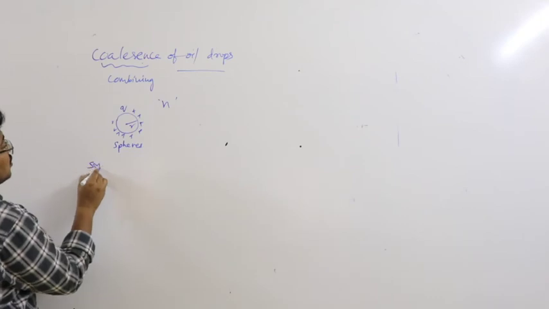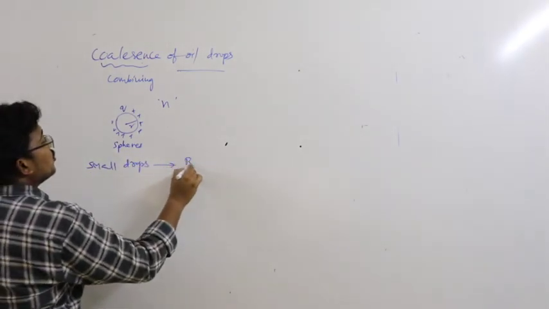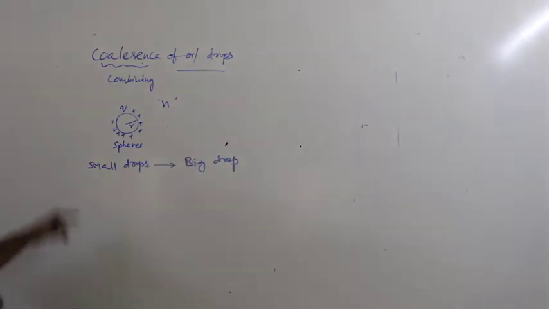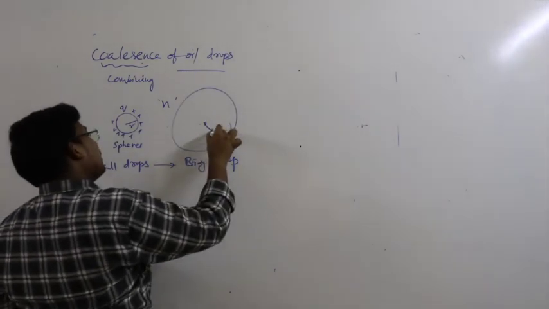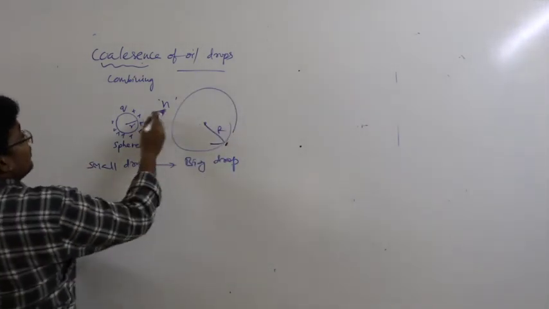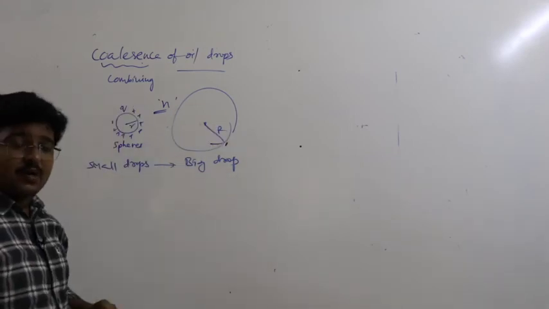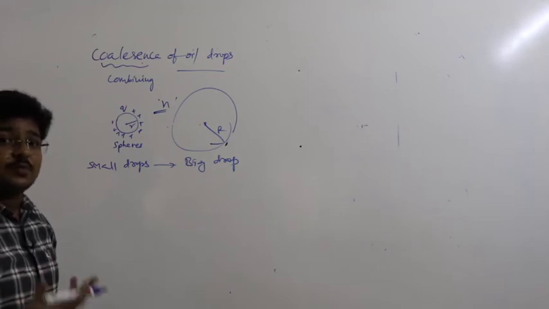So small drops are combining to form a bigger drop. So small of radius r and bigger of radius capital R. So these n number of smaller drops are going to form a bigger drop. Then how the capacitance values or the charge values may change?